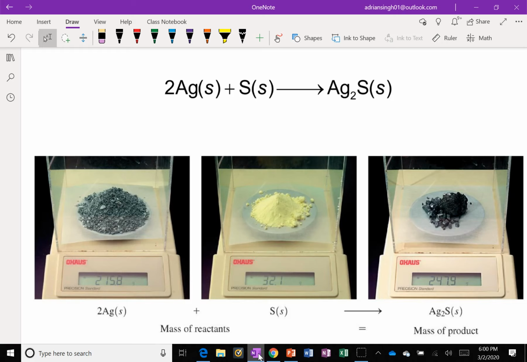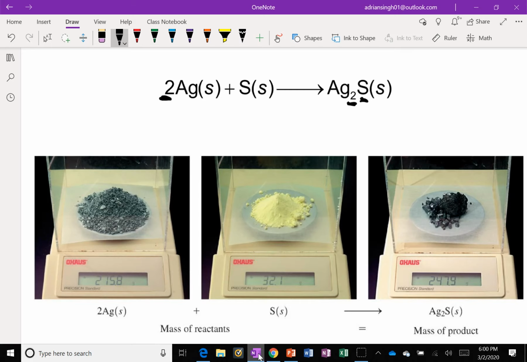Now when we balance our equation, we place these coefficients in front of the chemical formulas to make sure that the total number and types of atoms that we start with equal the number and types of atoms that we end with. So we start here with 2 atoms of silver combining with 1 atom of sulfur to make silver sulfide, which has 2 silvers and 1 sulfur.